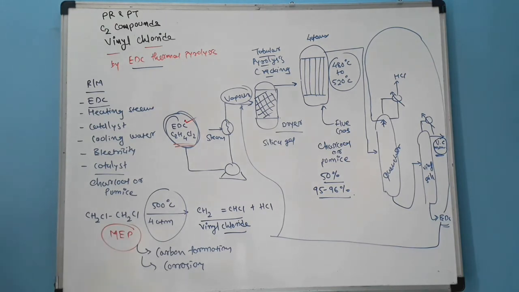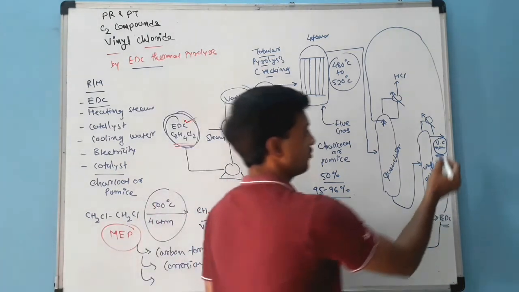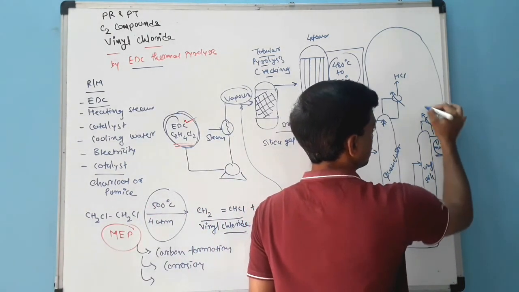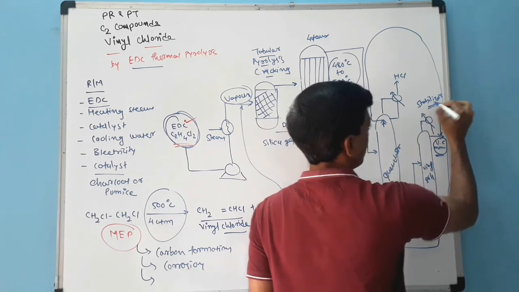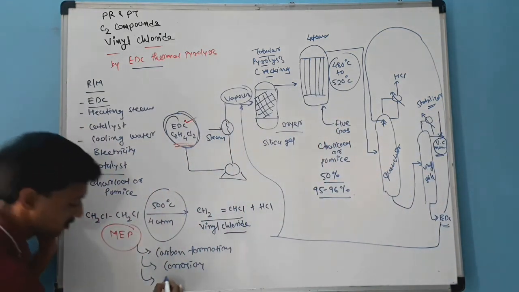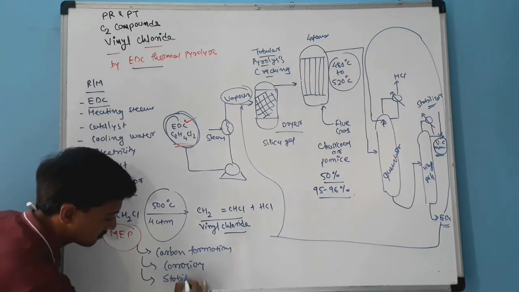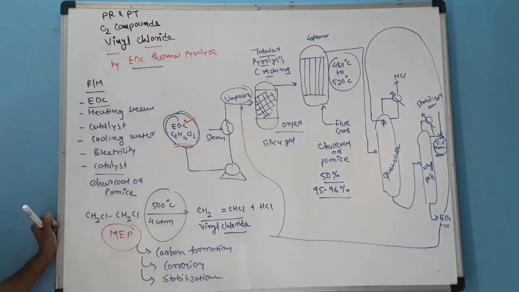Here we have to use a stabilizer to stabilize vinyl chloride as monomer, so stabilization is also a problem.